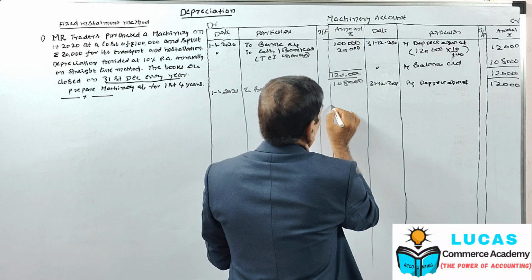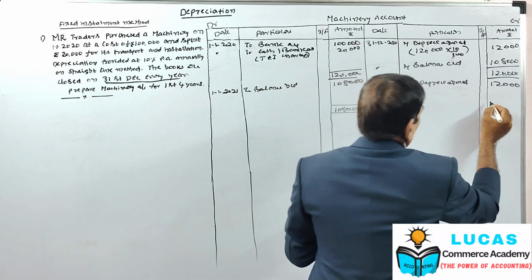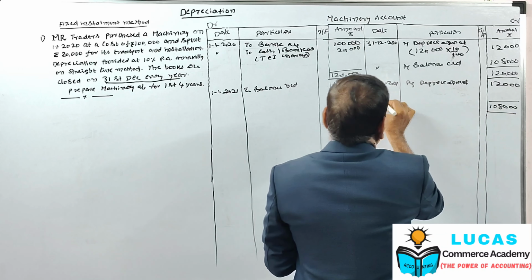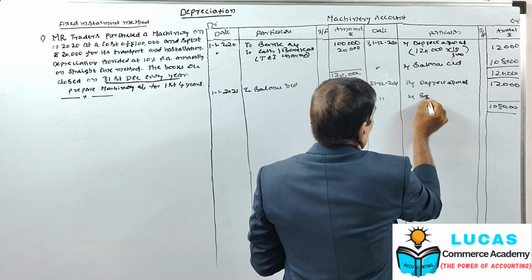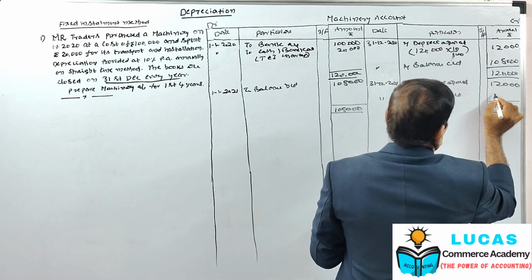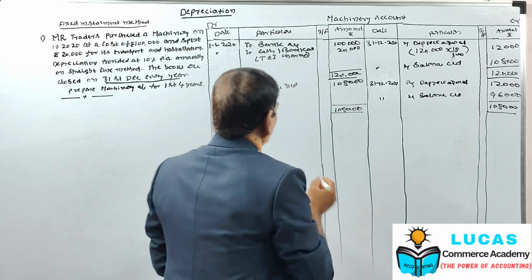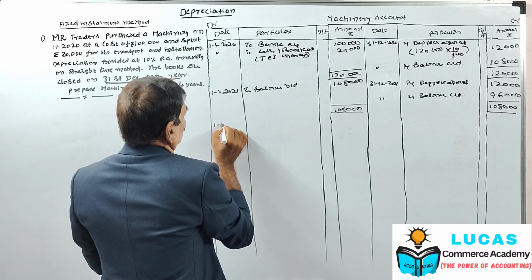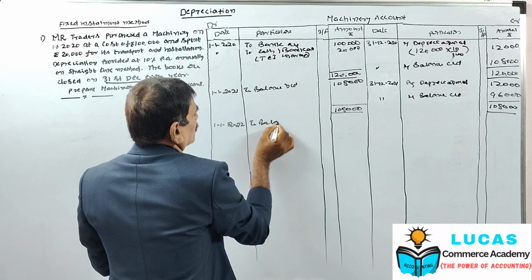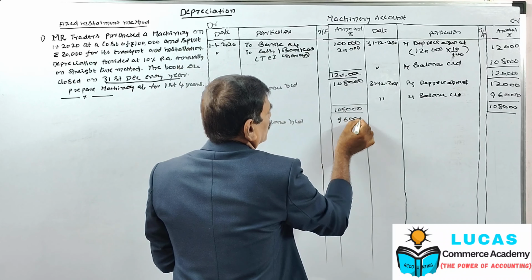Then balance, same date by balance C by D. That means 96,000. Okay. Next come to brought forward, 1/1/2022 to balance B by D 96,000.